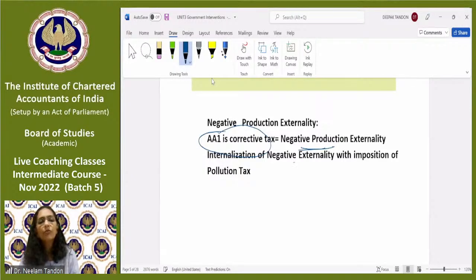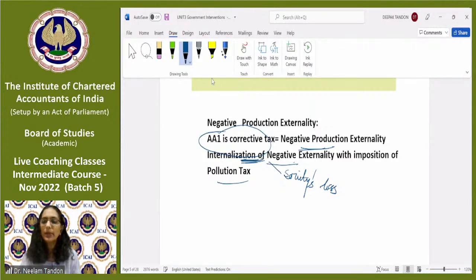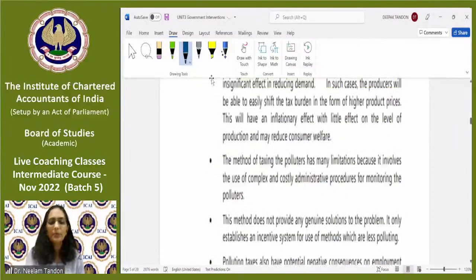This is how you go for internalization of negative externalities with the imposition of tax. What is internalization? The one who is emitting pollution should bear the cost, and the other fellow and the society should not bear the cost. So society's loss will be taken care of through internalization of negative externality. Okay, so that's the concept. I hope it is clear.